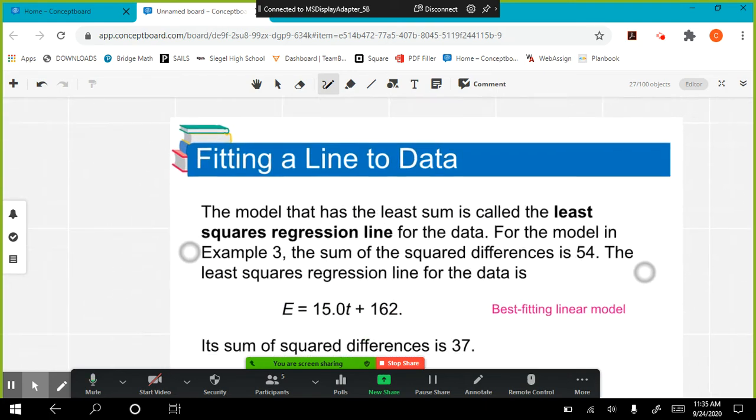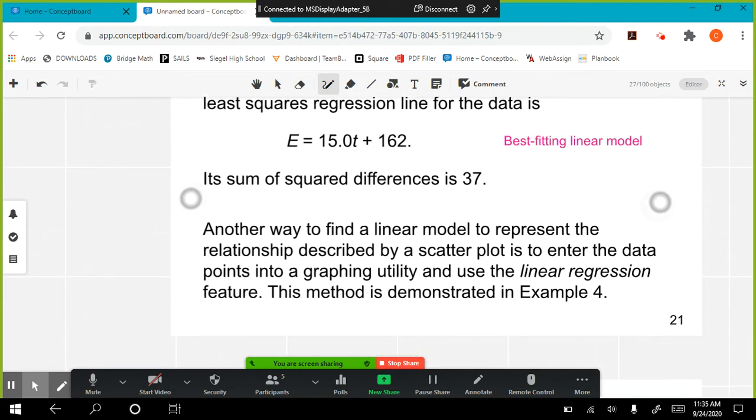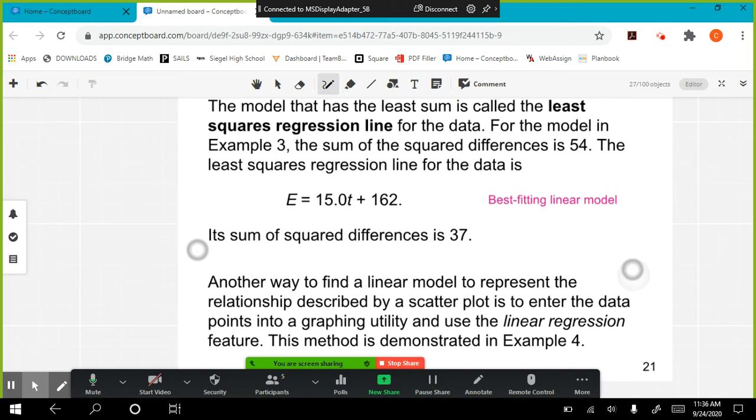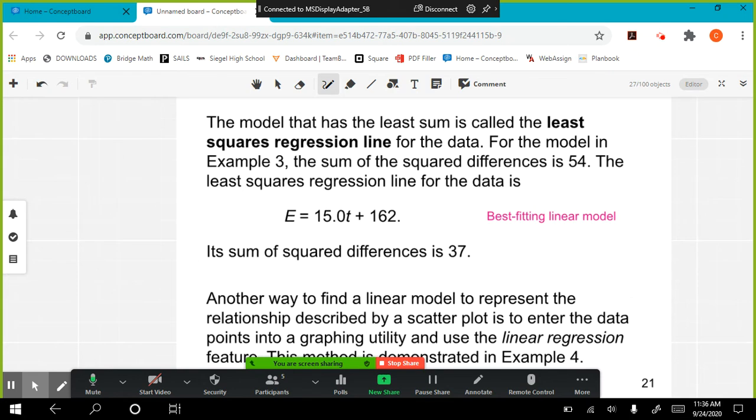The model that has the least sum is called the least squares regression line for the data. For the model in example 3, the sum of the squared differences is 54. The least squares regression line for the data is 15t plus 162. Its sum of squared differences is 37.